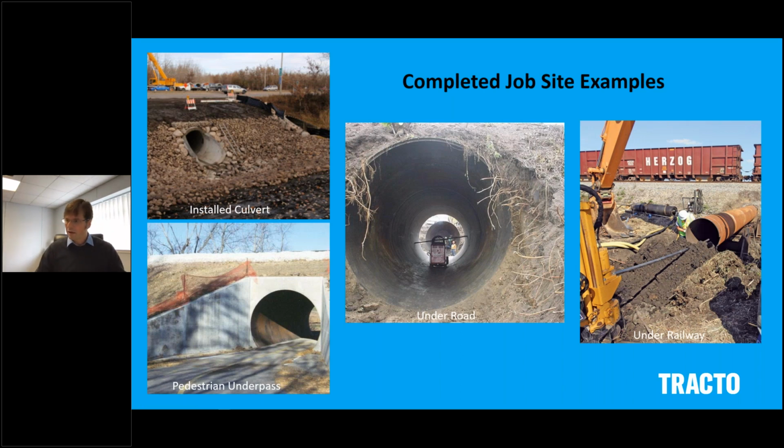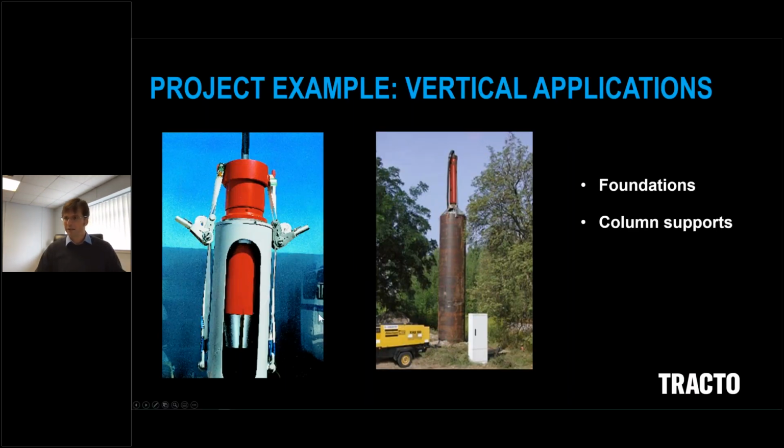So vertical installations are possible as well. For example, here, foundations, support columns for all sorts. Smaller pipes have been used as support for and foundations for solar panels. So ramming is possible uphill, downhill. We can pull in, we can pull out, as long as it's steel and as long as it's not rock.